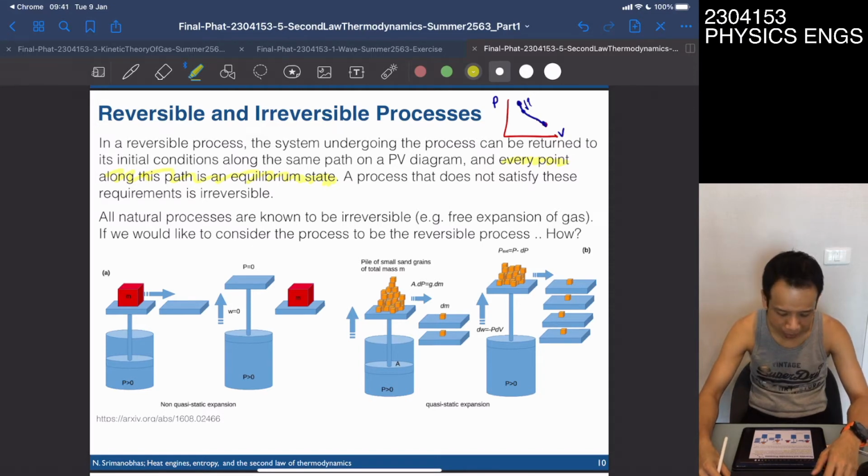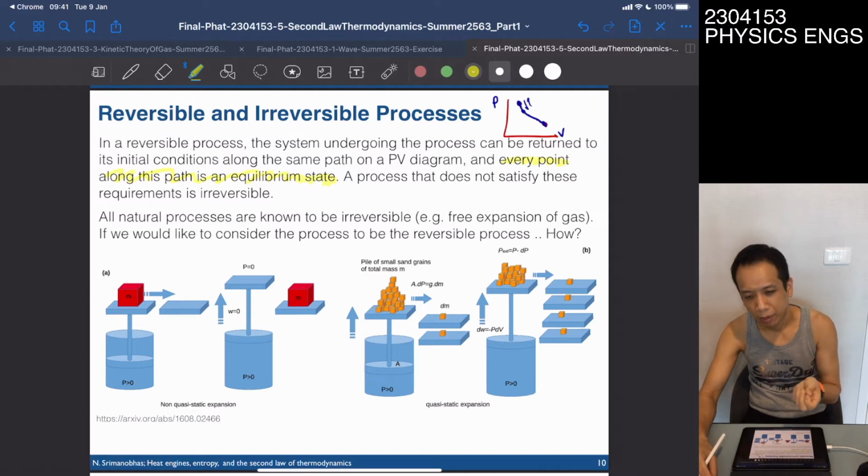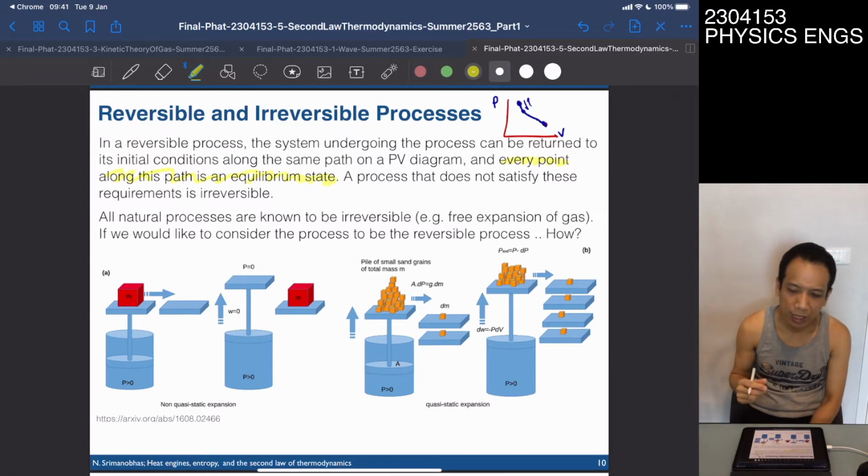So last time we were talking about entropy. If we would like to consider the process to be reversible, how can we do it? It's the same concept as we have done before. If you move slowly, putting a grain of sand out one by one, or putting it in one by one, this process is reversible.